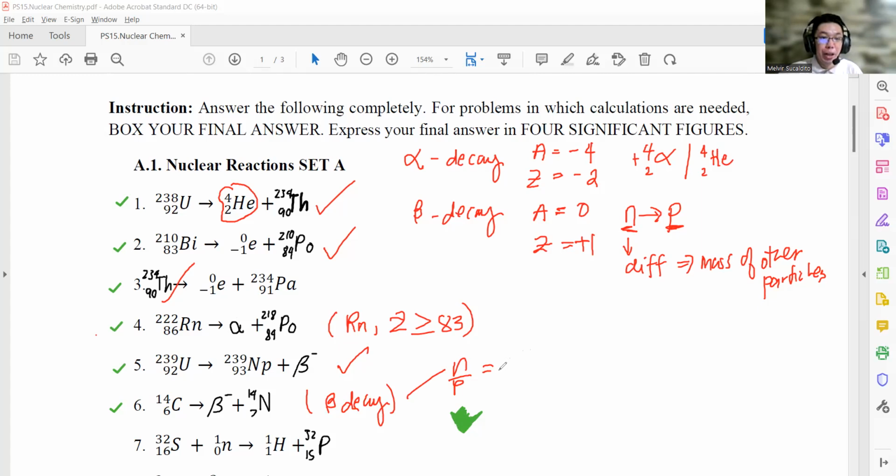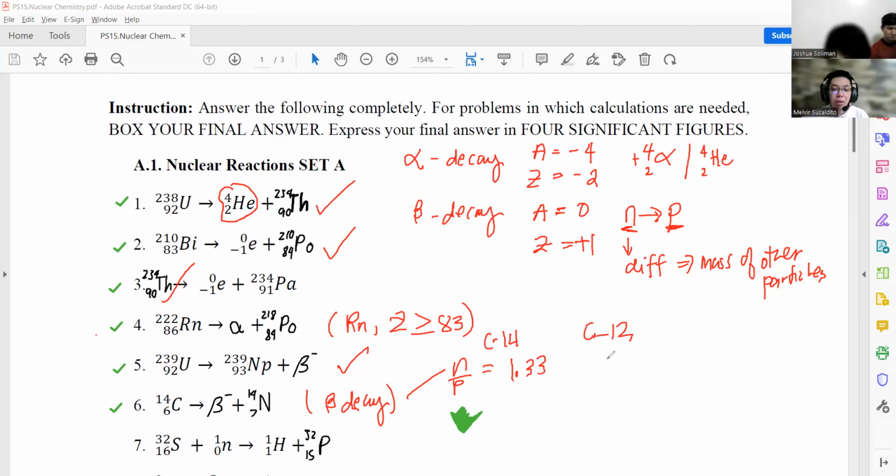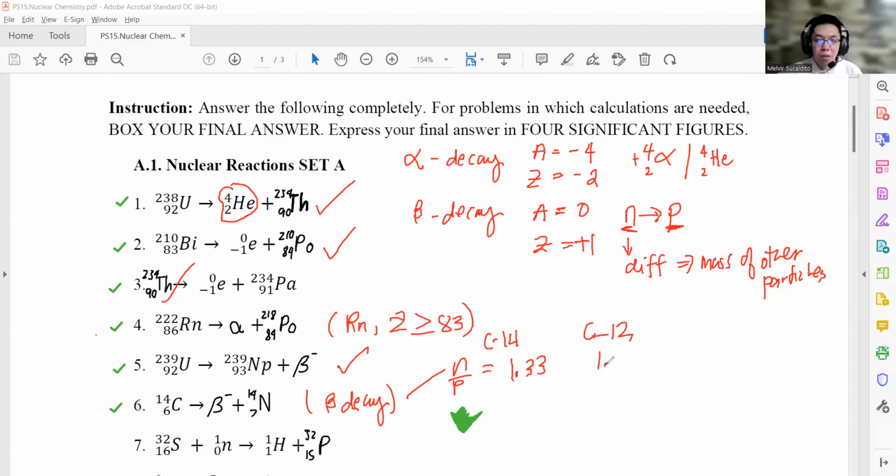According to carbon-14 dating, it will undergo beta decay. But of course, we need to have an explanation for this. So, the neutron-proton ratio for carbon-14 ay 1.33 versus carbon-12 ay 1. So, kitang-kita, dapat beta decay talaga siya.